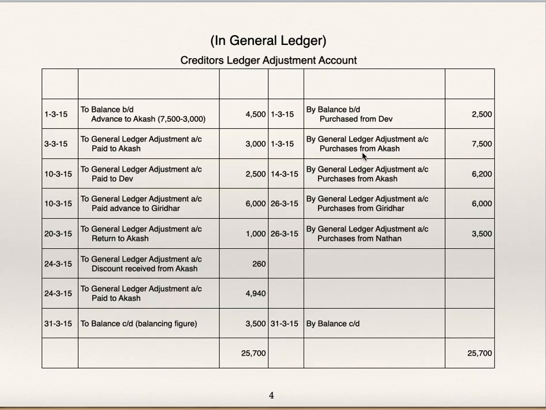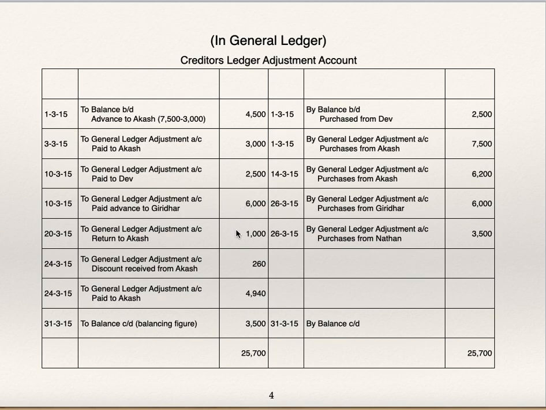Now balance this account to balance carried down. This is balancing figure 3,500. Now if you see, 4,500 and 3,000 is getting adjusted here. 2,500 is getting adjusted here. Debit is cancelling against credit. 6,200 credit.